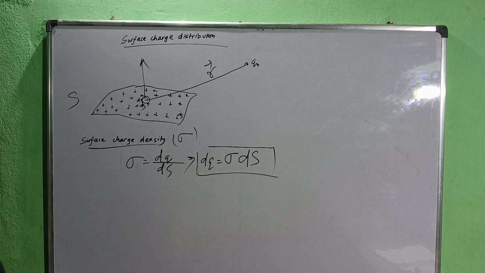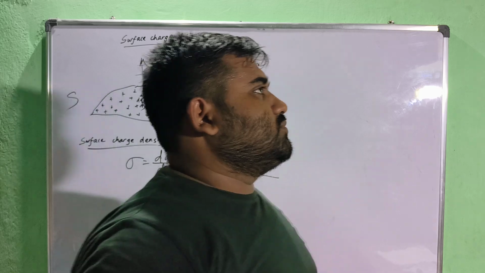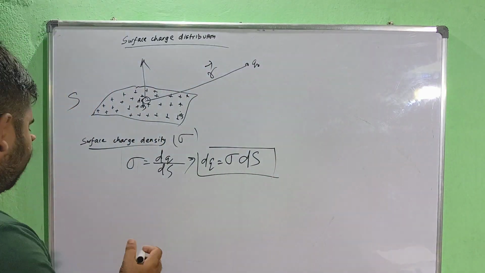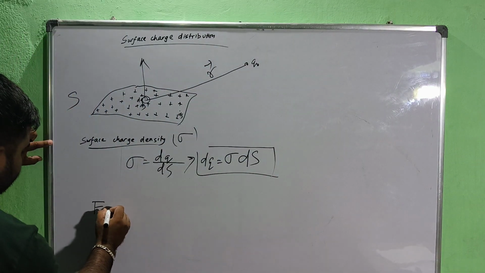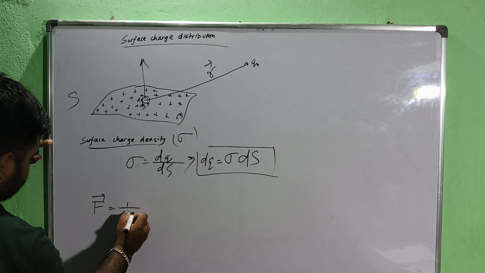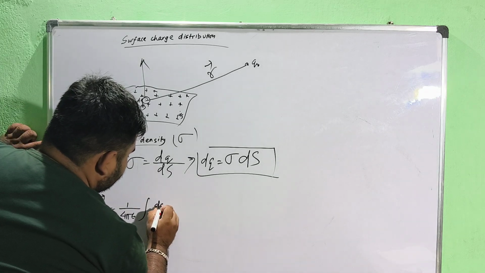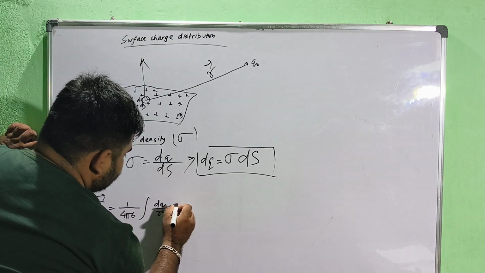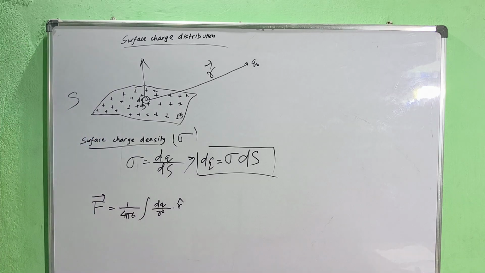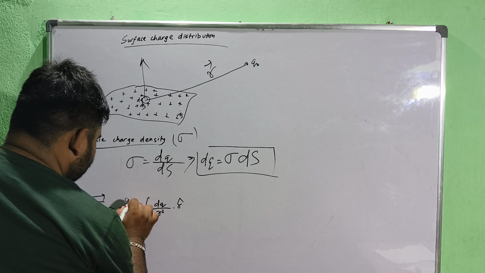So what would be the force? As we know earlier from the concept of continuous distribution of charges, F, the total force, would be 1 by 4 pi epsilon naught integral of dq upon r squared. Okay, we are missing something: Q naught.